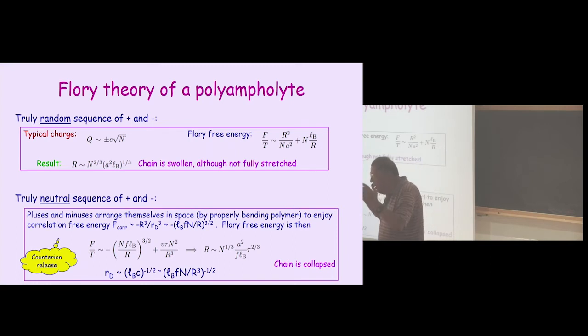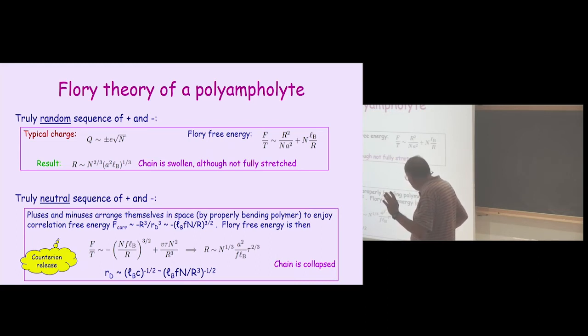By collapse, I do not necessarily mean that it is collapsed to dry volume. I don't mean that it became a black hole or anything like this. The only strict meaning that I use for this word is the fact that the size of this object is proportional to n to the 1/3.